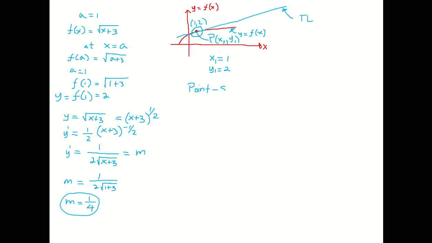the point slope form. So can you still remember that point slope form formula? From our analytic geometry, the point slope form is y minus y1 equal to m, the slope of the line, in this case the slope of the tangent line, times x minus x1.